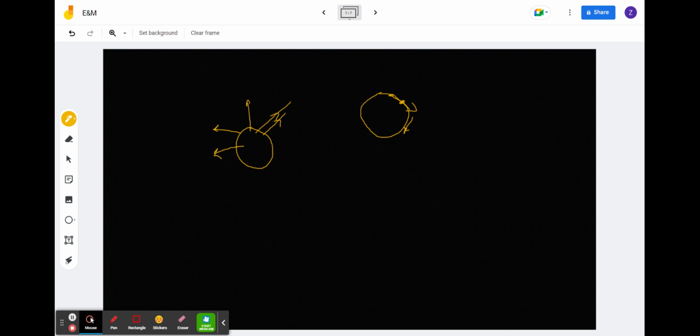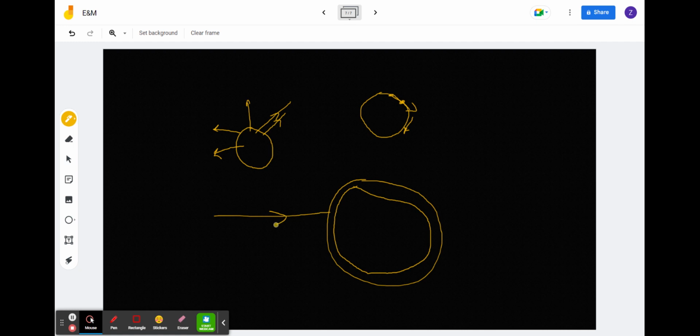That's pretty cool, right? And the last important thing about conductors is that if I have a hollow conductor, so let's say this is a conducting sphere and it's hollow, and I apply an electric field to the object, something extremely interesting happens.